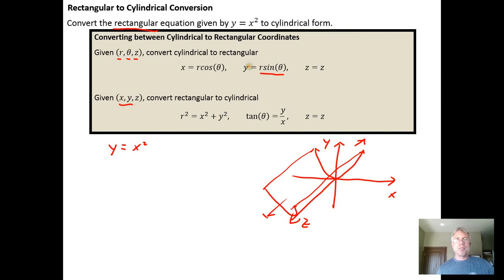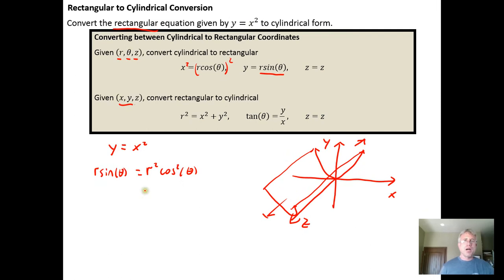So in this case, I'm going to replace the y with r sine theta, and then x is equal to r cosine theta, so x squared is going to be the square of r cosine theta. So x squared can be replaced with radius squared times the cosine squared of theta.